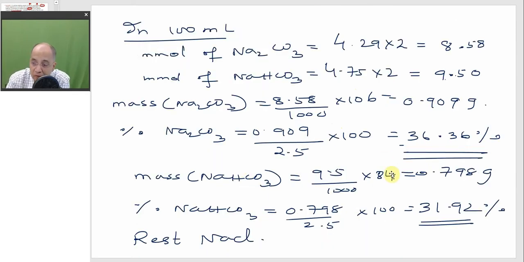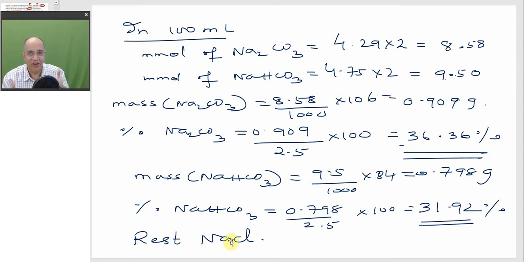So the percentage of sodium carbonate is 0.909 by the total mass of the impure sample into 100, which is 36.36. Similarly, we found the percentage of sodium bicarbonate is 31.92, that amounts to nearly 68, and the rest, 30 something, will be the impurity NaCl.